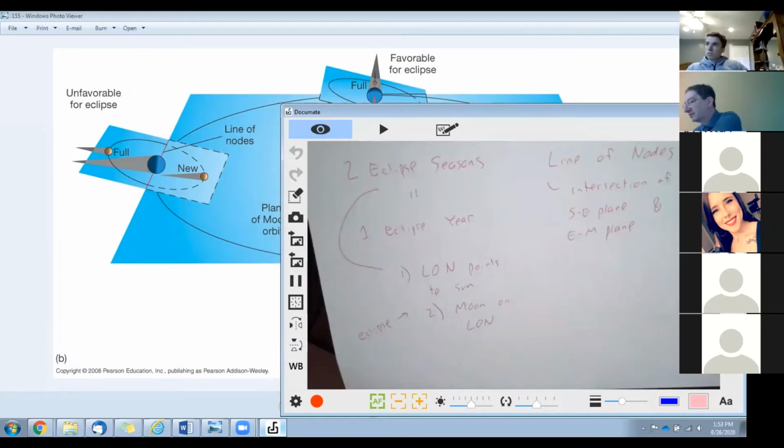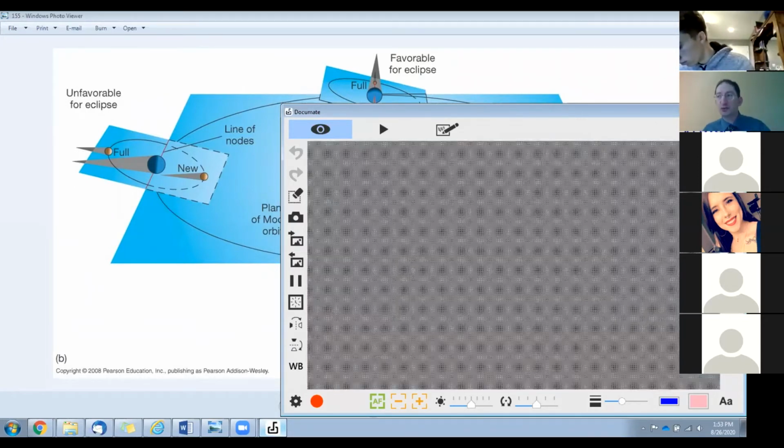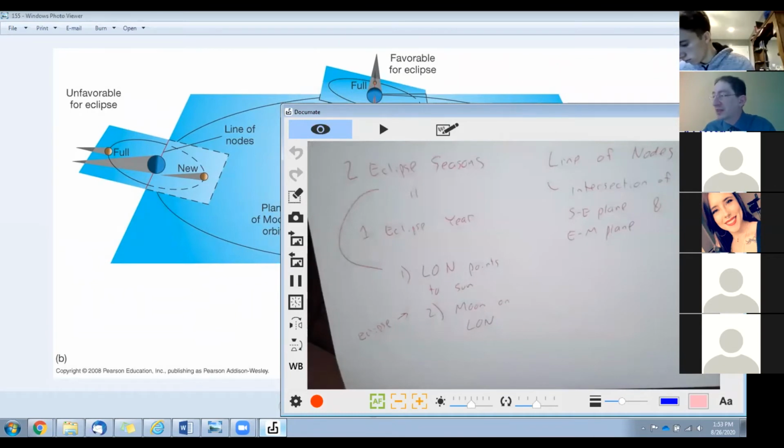So I can just give you some facts. You're not responsible for these, but just to let you know how often these things occur. With the solars, you'll have anywhere from 2 to 5 in a calendar year. The last time we had 5 in 1 year was 1935. Everything has to fit just right for that to occur. Lunars, you can sometimes have 0 lunars in a calendar year.